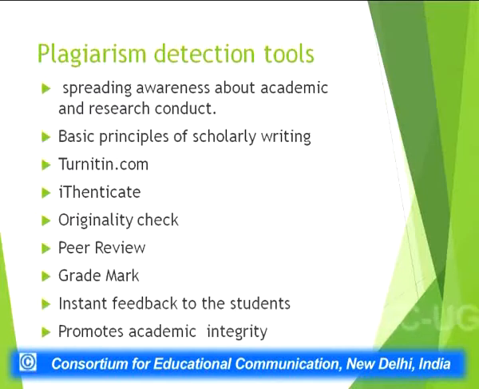They are offering two basic plagiarism detection services to their users, that is Turnitin and iAuthenticate. These softwares help users in originality check. By using these plagiarism detection services, students or researchers can check the originality of their submissions.